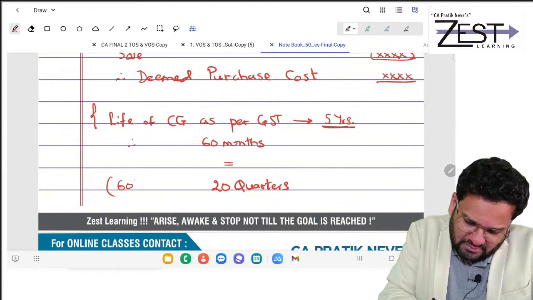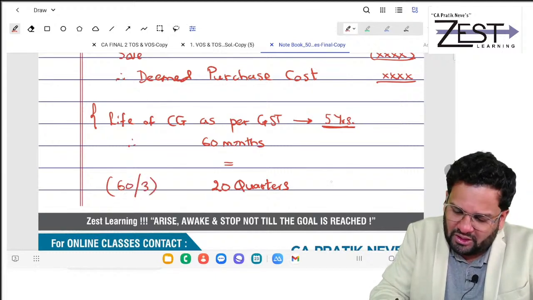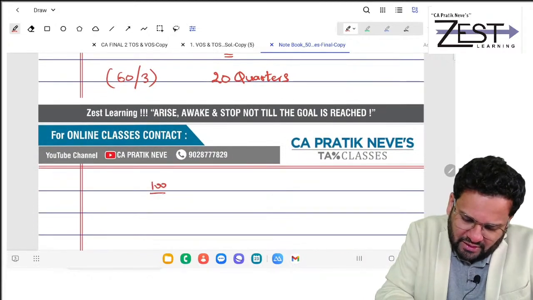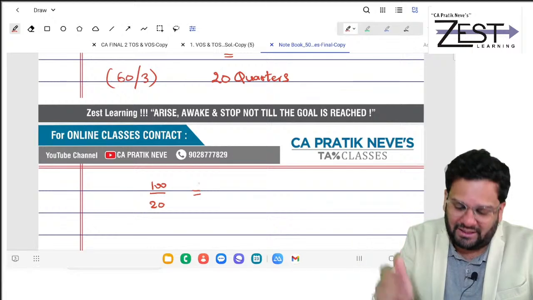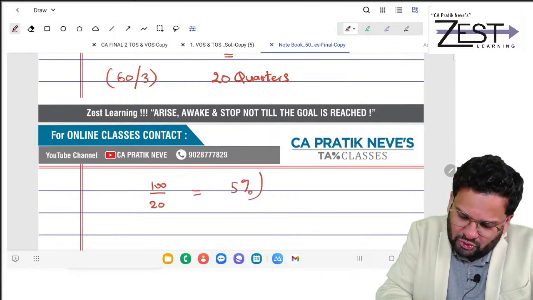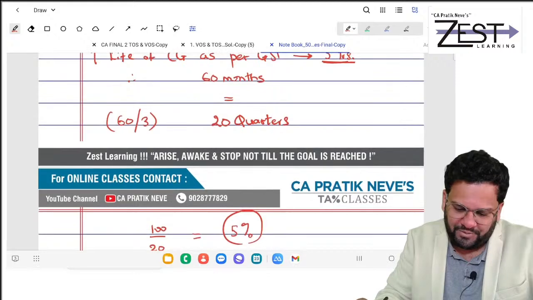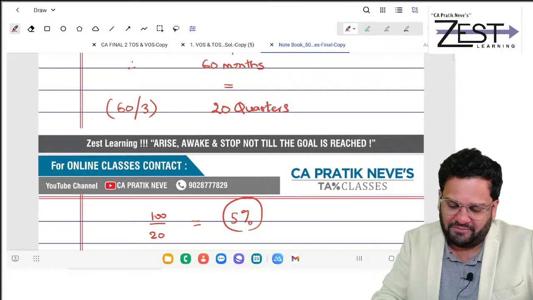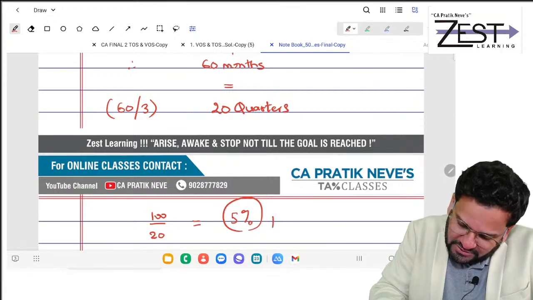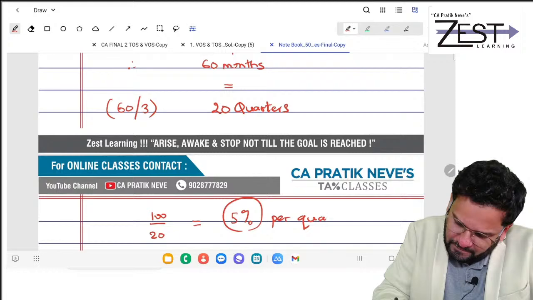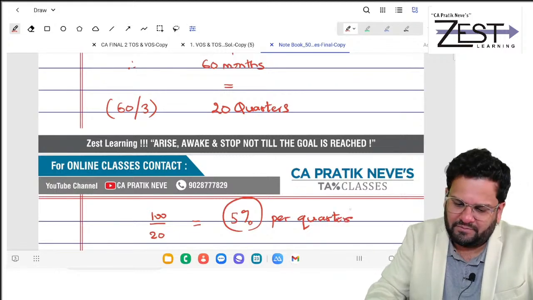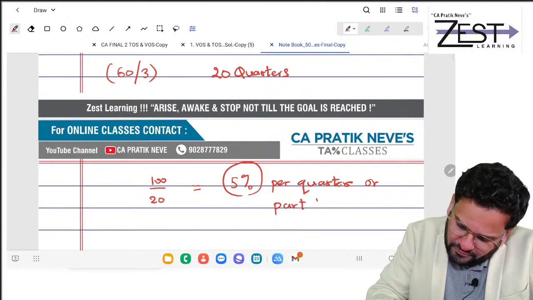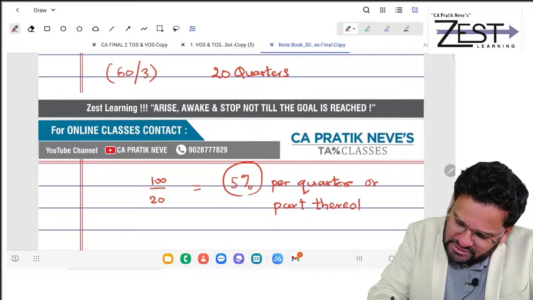So 60 months divided by 3 is 20 quarters. Now 100 divided by 20, because percent means 100, gives 5%. Did you understand where the 5% comes from? Very logical. 5% per quarter, or part thereof. Even part thereof, that is what you have to understand.